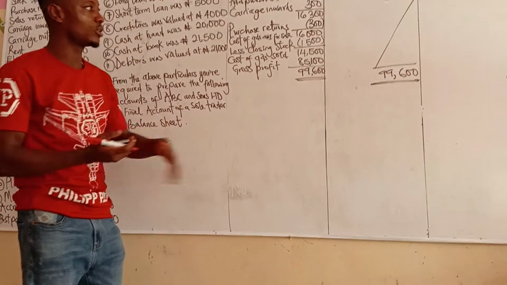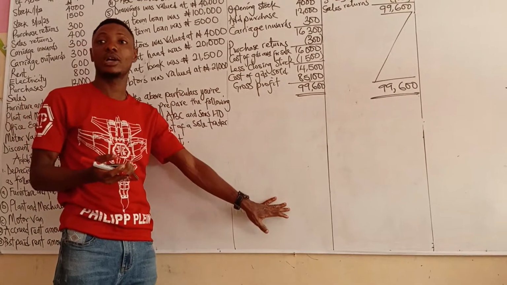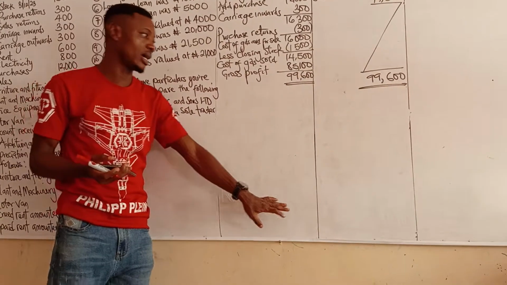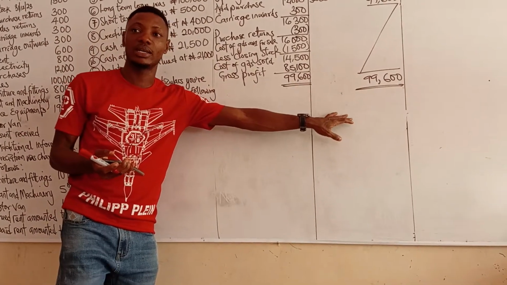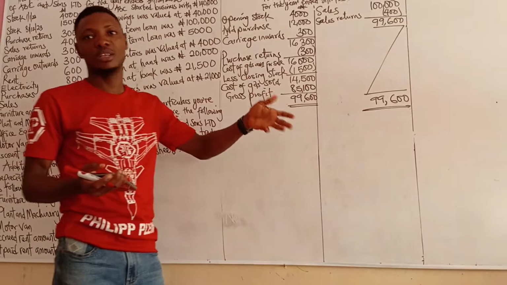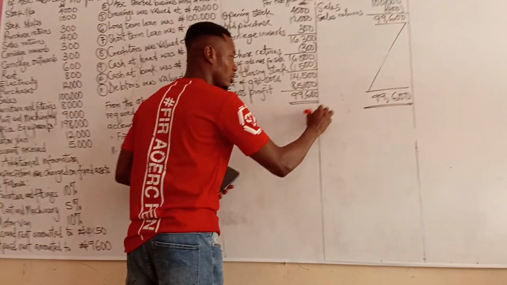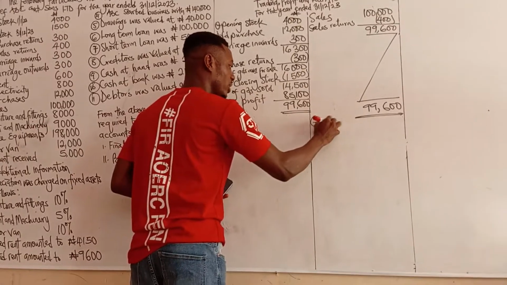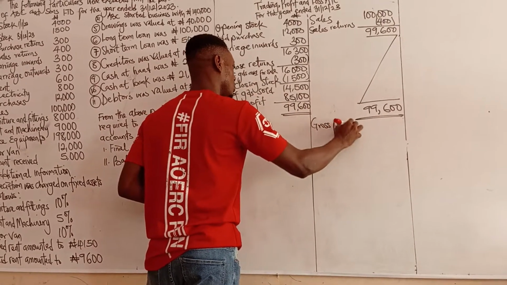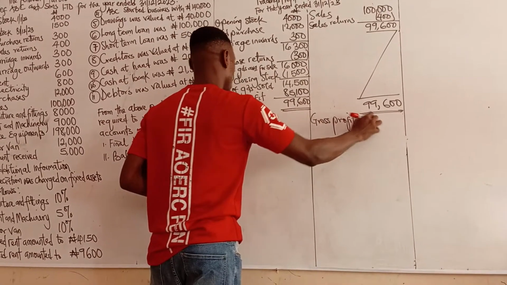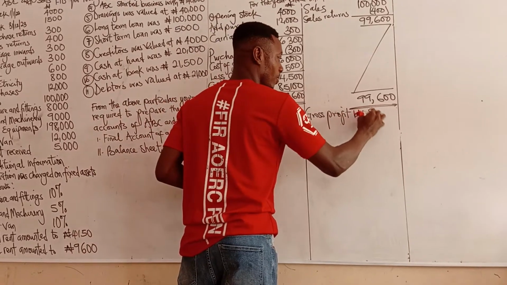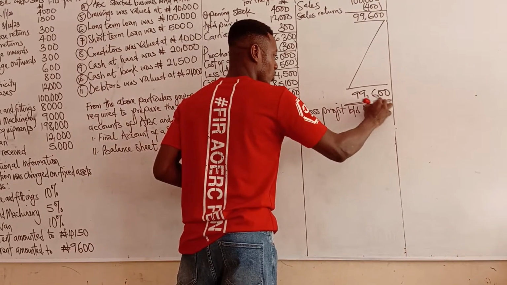Remember, in our profit and loss account, every expense is recorded on the debit side and every income is recorded on the credit side. Income in terms of discount received, commission received. So first we bring our gross profit from our trading account. So gross profit brought down is 85,100.